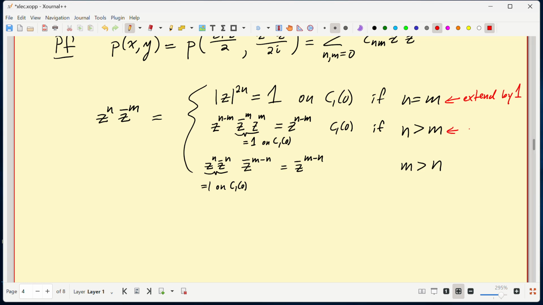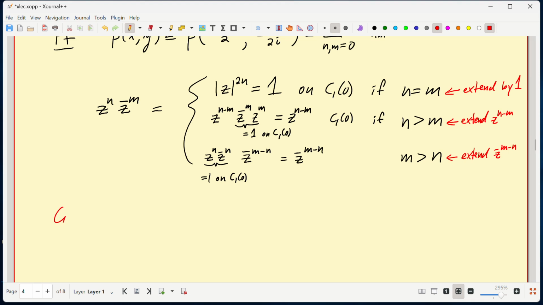In this case, I'm going to extend the boundary values to the inside by z to the n minus m. And this one, I'm going to extend z bar to the m minus n. Okay, when I do that extension, I will get an extension. Let's see, what's my extension?